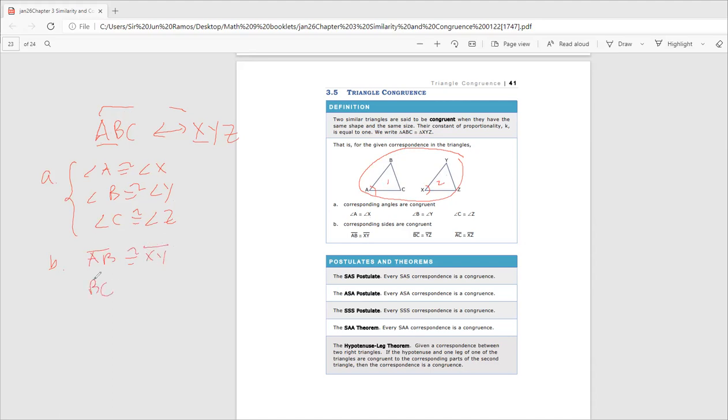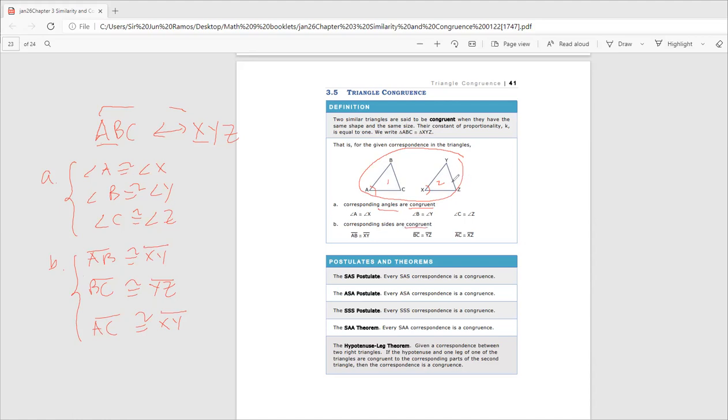BC corresponds to YZ, so they should also be congruent, and side AC corresponds to XZ, so they should be congruent. So this is the second requirement for the two triangles to be congruent. So note here that both the corresponding angles should be congruent and the corresponding sides should be congruent.